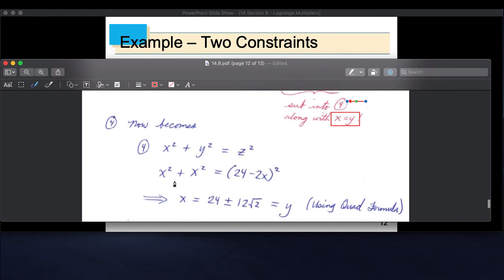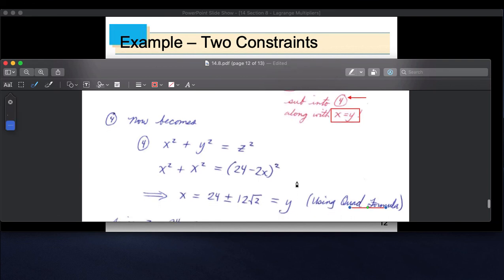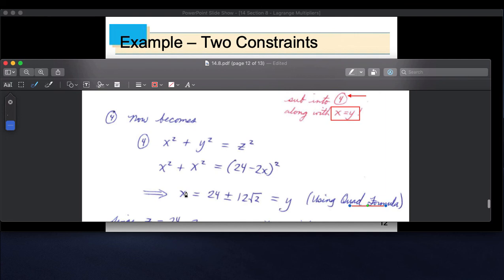Now, using algebra, I should not have to tell you how to solve this, but using algebra coming from here to here, we end up getting 24 plus or minus 12 radical 2. I use the quadratic formula to get that. And again, since x equals y, not only does x equal 24 plus or minus 12 rad 2, y also equals 24 plus or minus 12 rad 2.